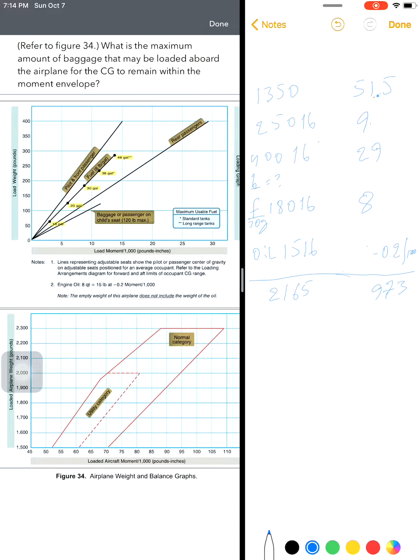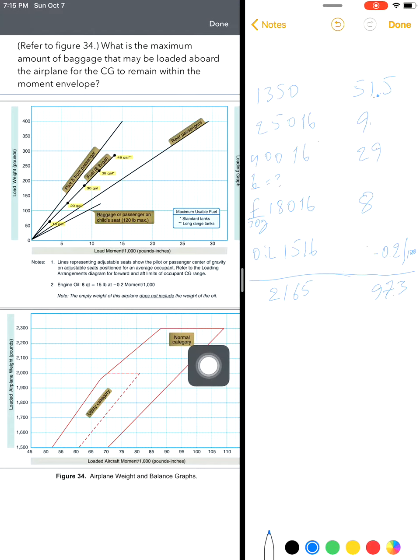97.3. Alright, now our weight is 2165. So 2165, more like there. I come back here, 97. So there's 95, 97.3. Coming down, come up. I need a 2165, so right there.